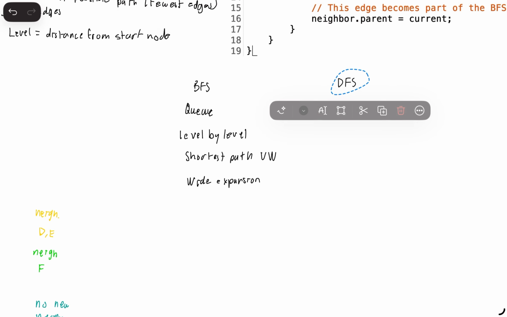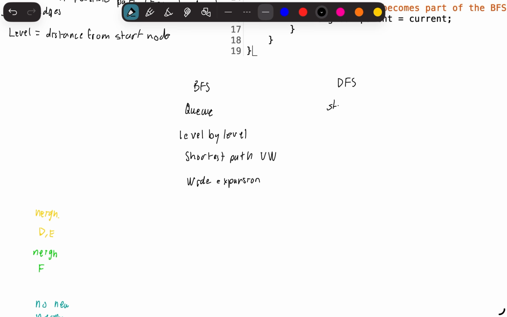Now, on the other hand, a DFS is going to use a stack and recursion. It goes deep instead of horizontal. So we'll say deep expansion. And it's not guaranteed that it would be the shortest path.